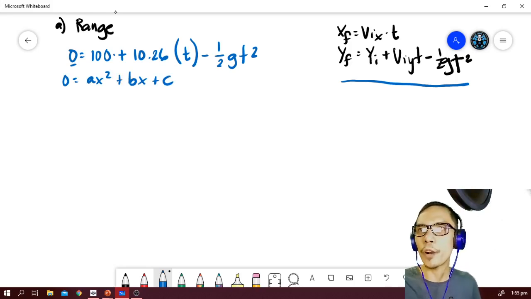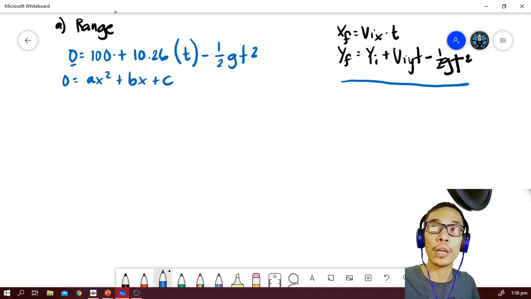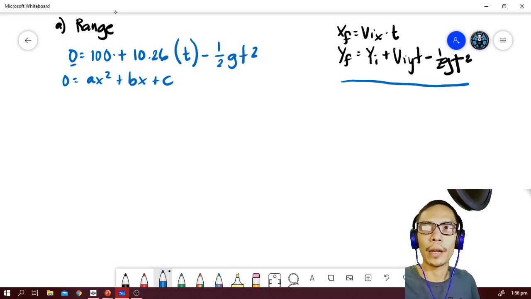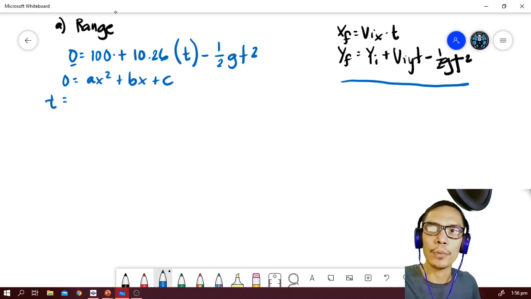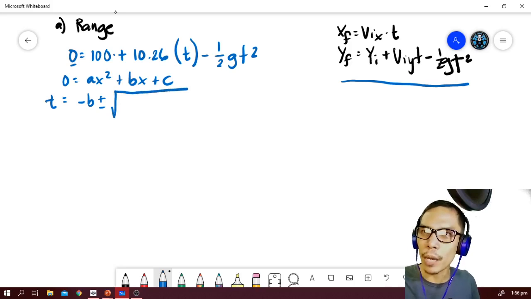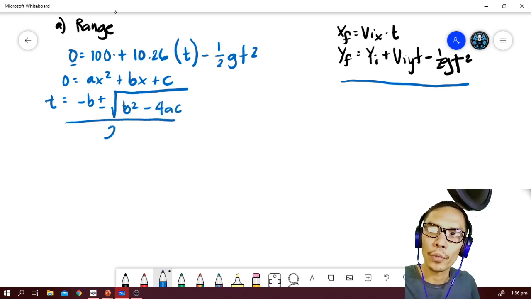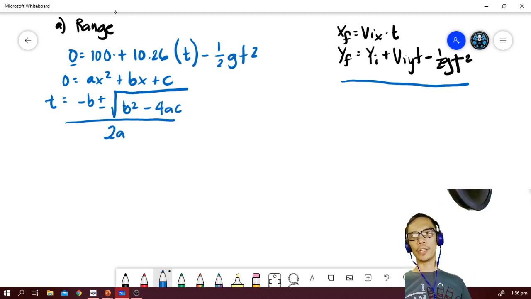If this is the format that we are seeing, we can use the quadratic formula. So what is the quadratic formula? In order to compute for the time, we have negative b plus or minus the square root of b squared minus 4ac, over 2a.